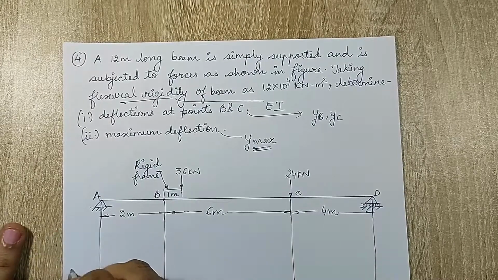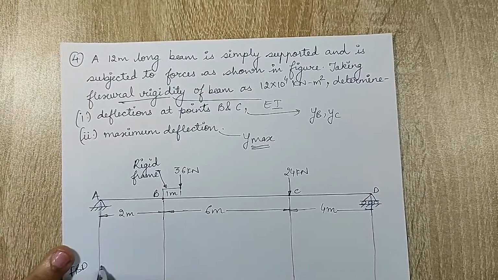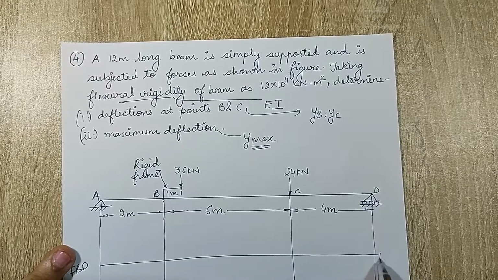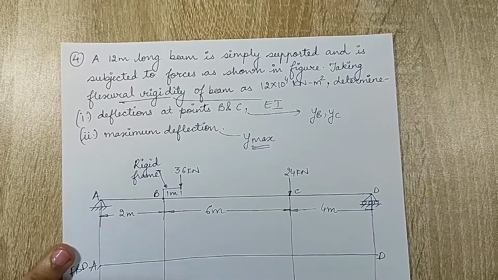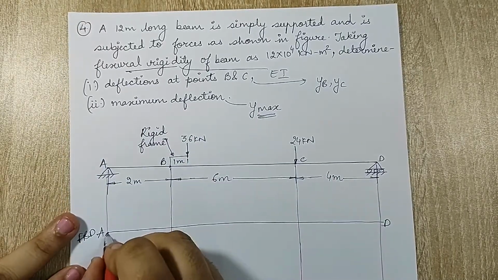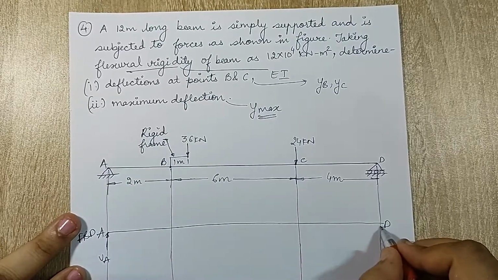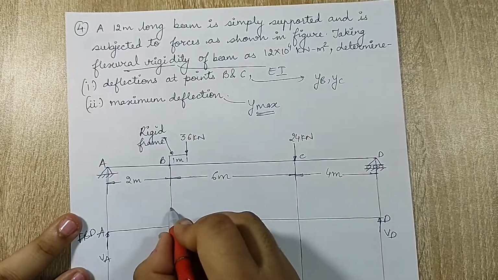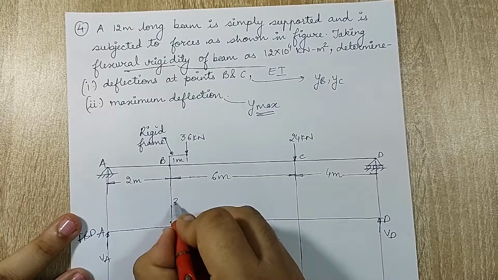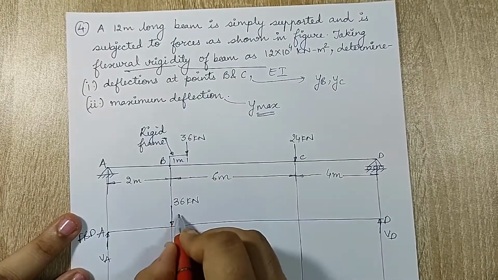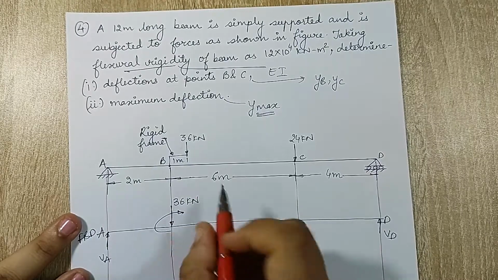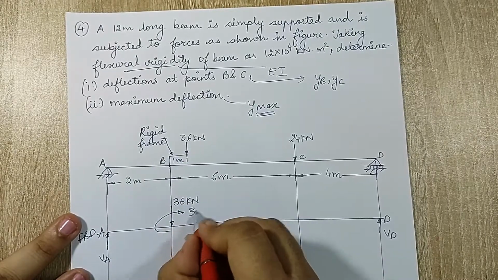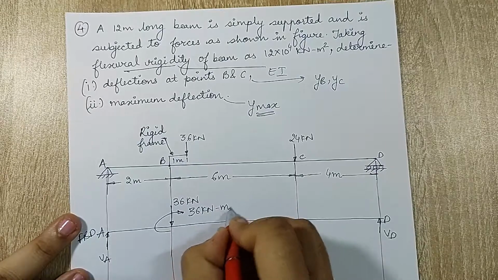So I'll first draw the FBD. At point A, there will be a reaction VA. At point D, there will be a reaction VD. At point B, I'll have a load acting downward of 36 kilonewton and also a clockwise moment of 36 into 1, which is 36 kilonewton meter.